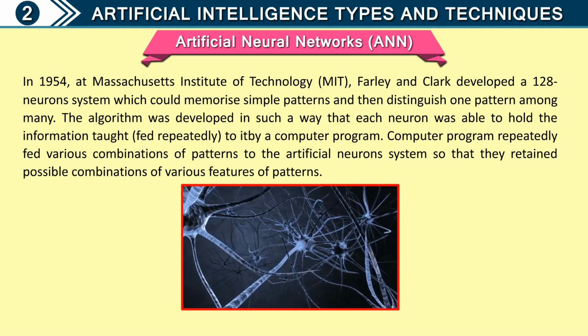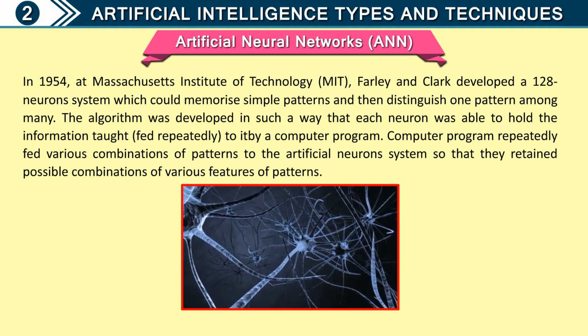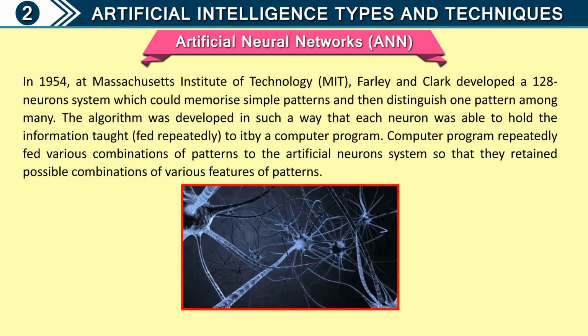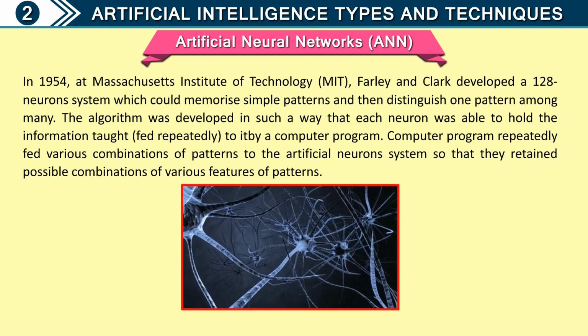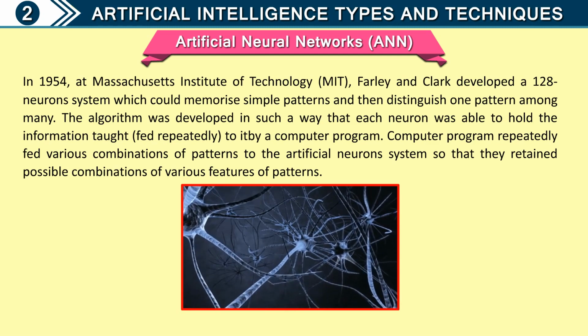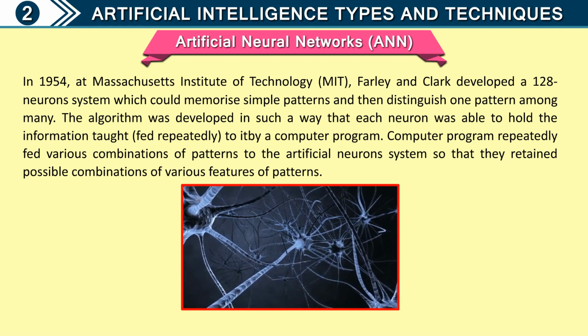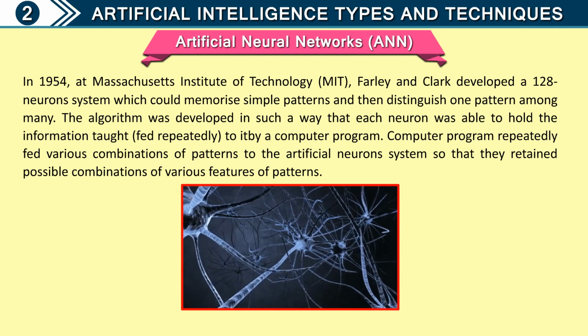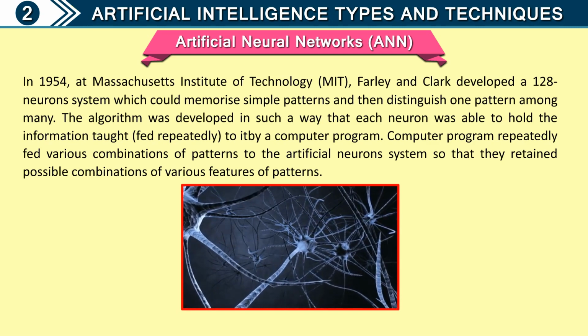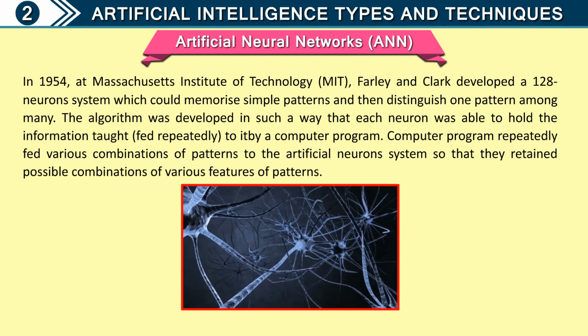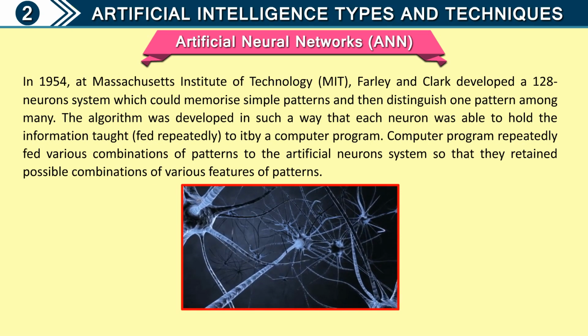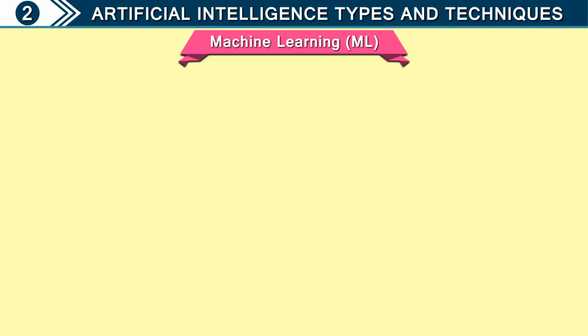The algorithm was developed in such a way that each neuron was able to hold the information fed repeatedly to it by a computer program. The computer program repeatedly fed various combinations of patterns to the artificial neuron system, so that they retained possible combinations of various features of patterns.